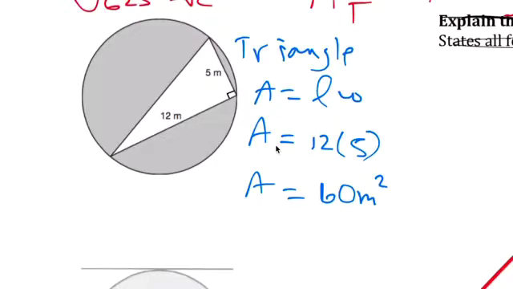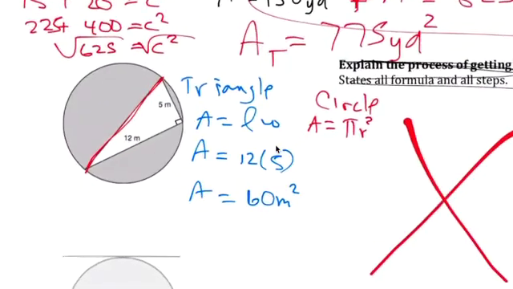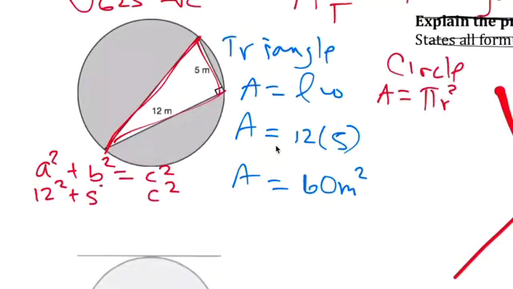The circle area is pi r squared, but we don't have the diameter. So you need to do a squared plus b squared equals c squared. These are a and b, c is missing. 169 equals c squared.